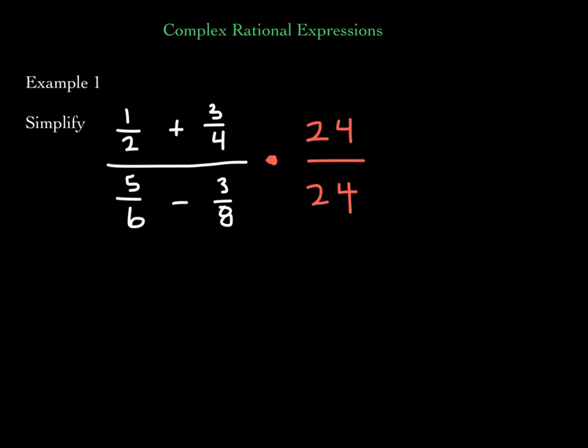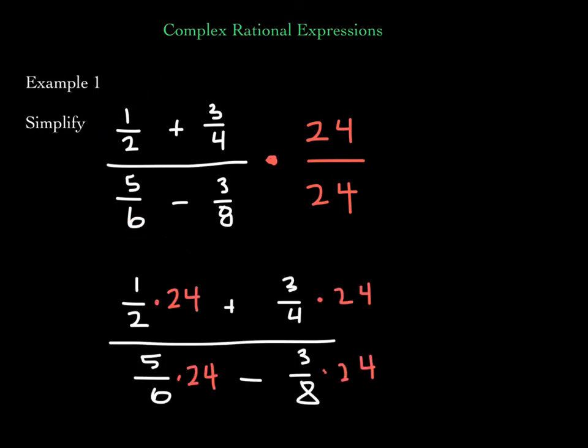The reason why we have to do the same thing to the numerator and the denominator is so that you are really multiplying by 1. And the thing about multiplying by 1 is that the value of the original expression does not change whenever you multiply by 1. So what ends up happening is you need to multiply each term in the numerator by 24 and each term in the denominator by 24.